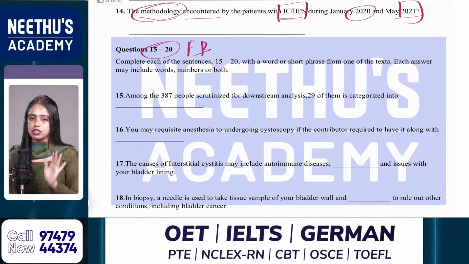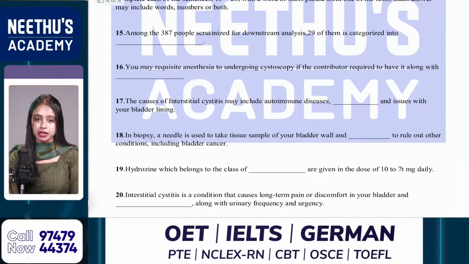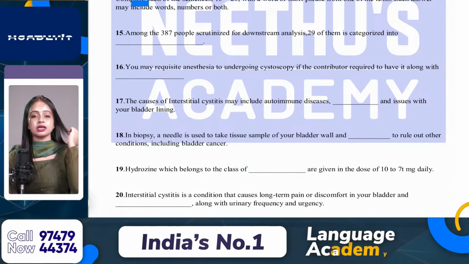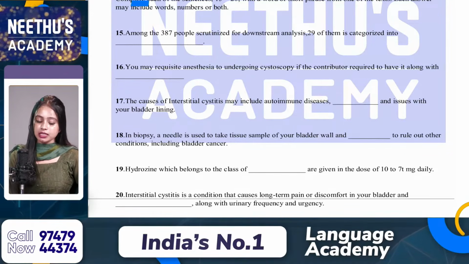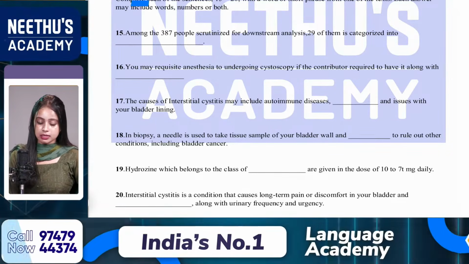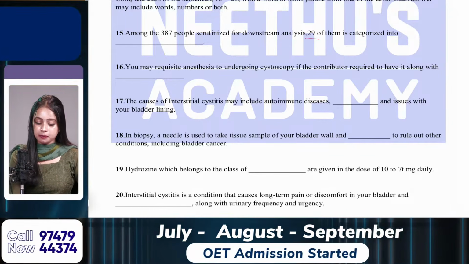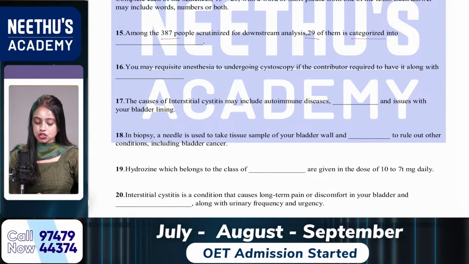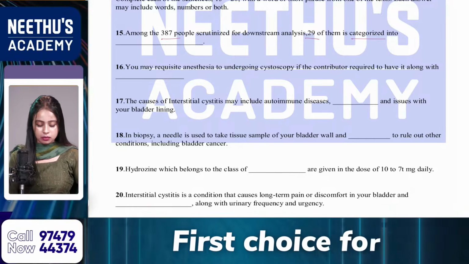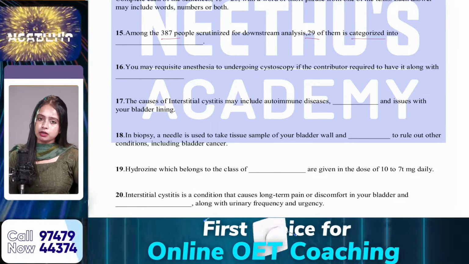Then we are jumping to the next set of questions, the 15th one. Among the 387 people scrutinized for downstream analysis, 29 of them were categorized into dash. Categorized into what?